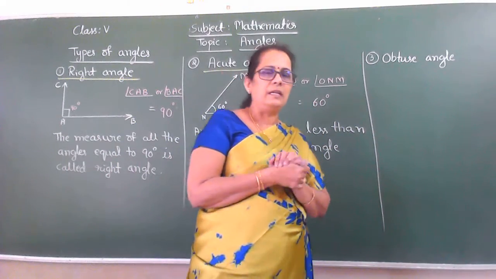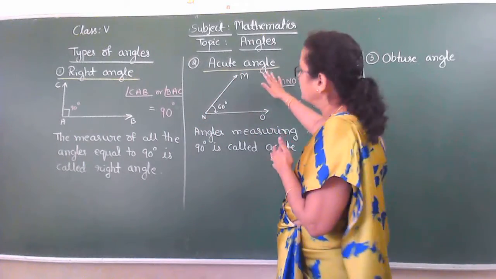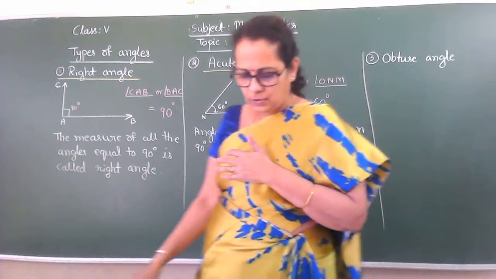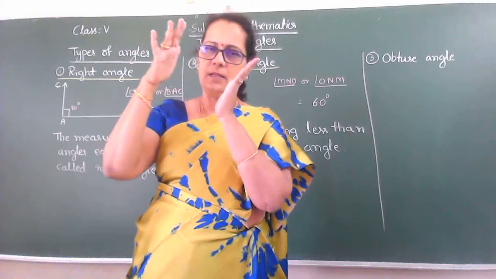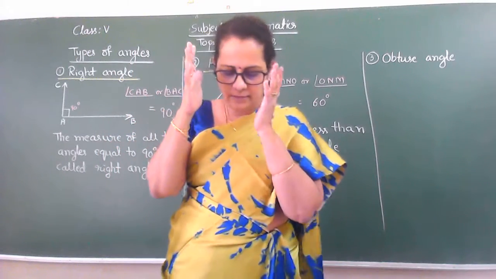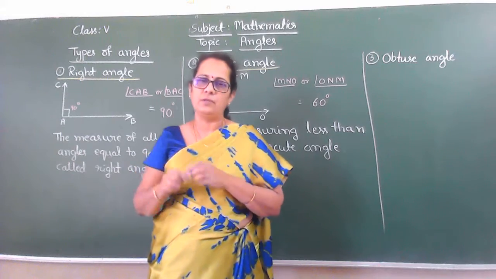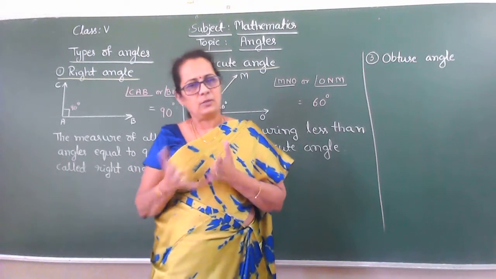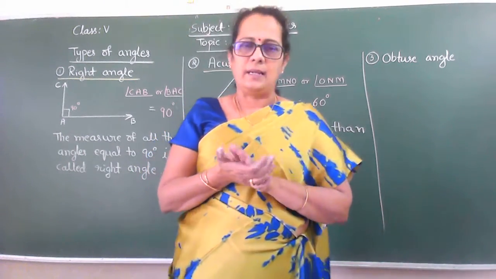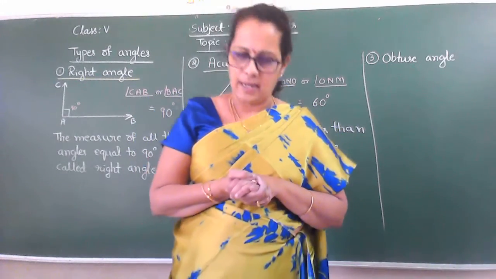Or any photo, if you hang it on a wall, then the photo is kept inclined, isn't it? You will hang that photo in an inclined manner. So that also you can give as an example for acute angle.